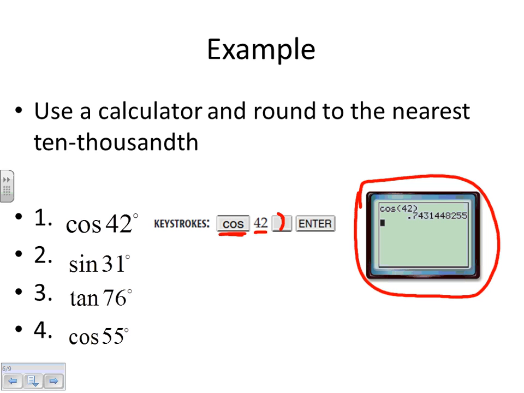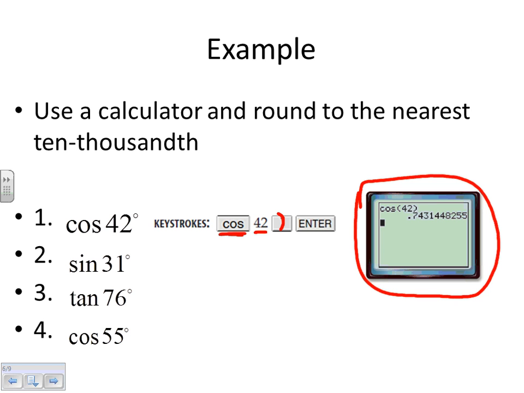If for some reason you get negative 0.3999, blah, blah, blah, I want you to do this real quick for me. If you have 0.74, you can just go ahead and fast forward me. But if you do get a negative 0.3999, listen to this real quick. I'd like you to hit the mode button on your calculator. It's the top left next to the second button. Use your arrow keys and arrow down until your cursor is on radian.